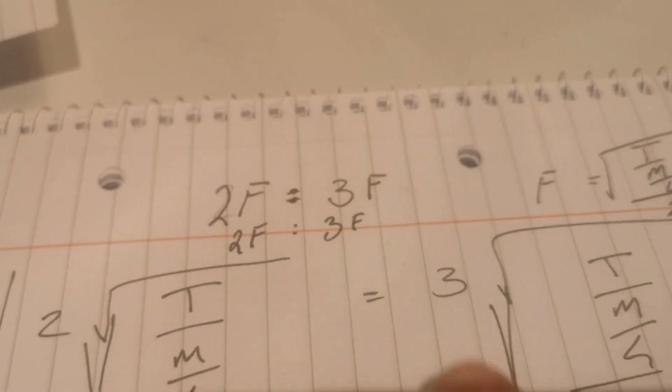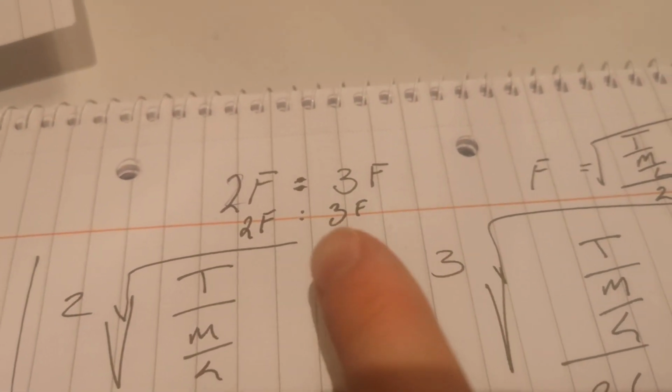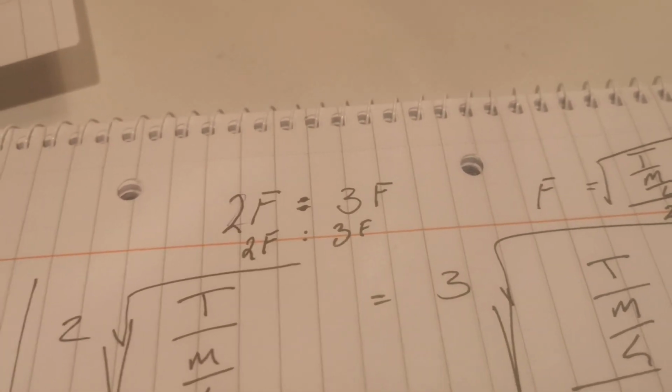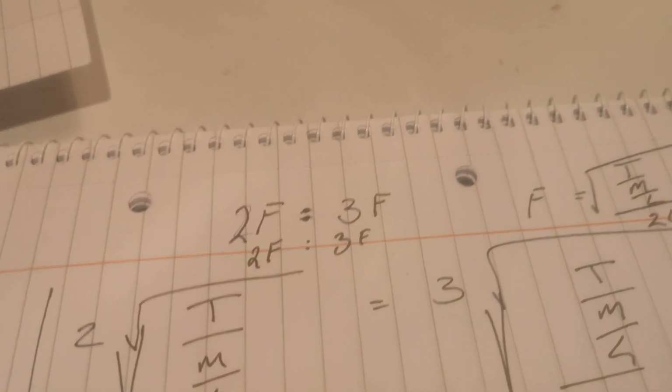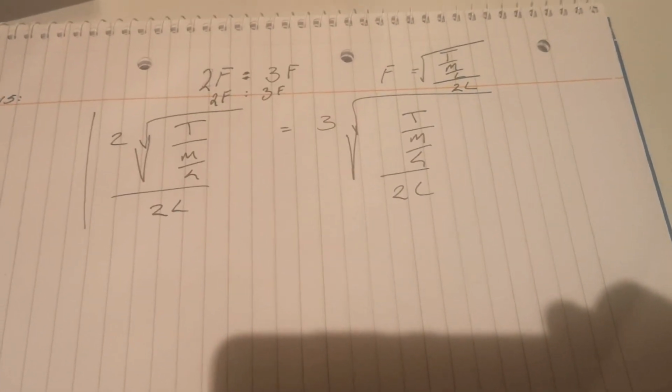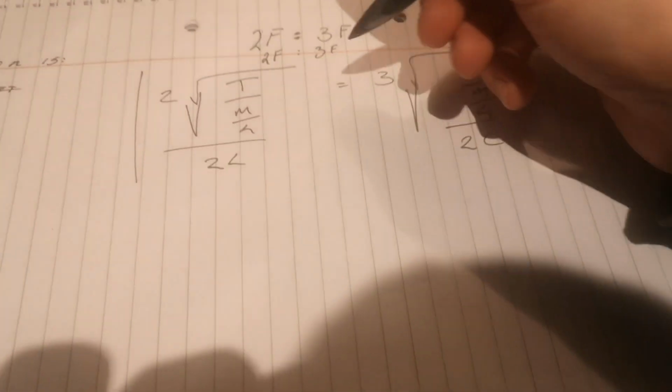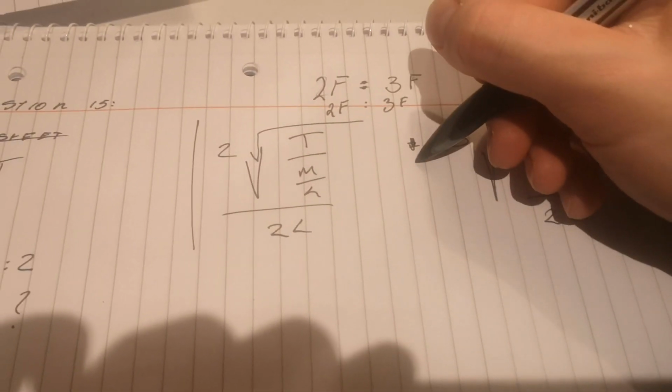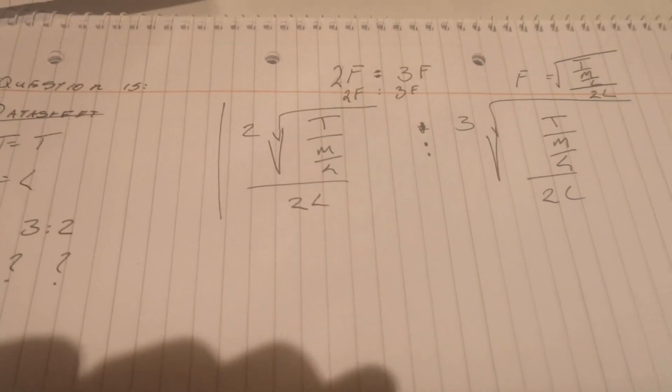So if 2f corresponds to 3f, and we know from the previous question, or the one before that, that f is that formula, we can just replace f with that formula, and we get this equation, or this correspondence. I guess it would be a bit more correct to replace the equals with two dots.